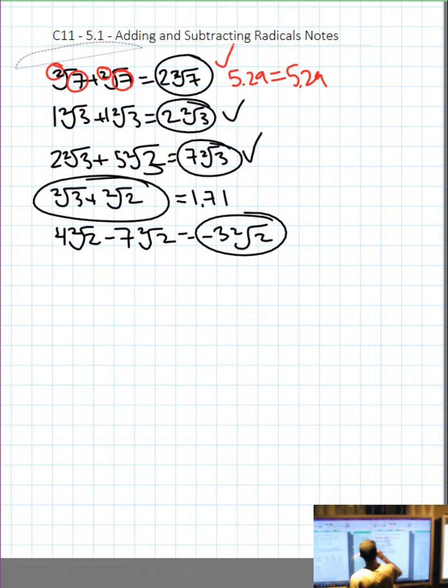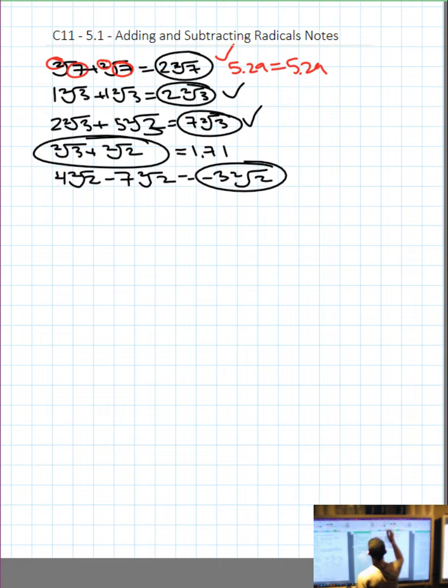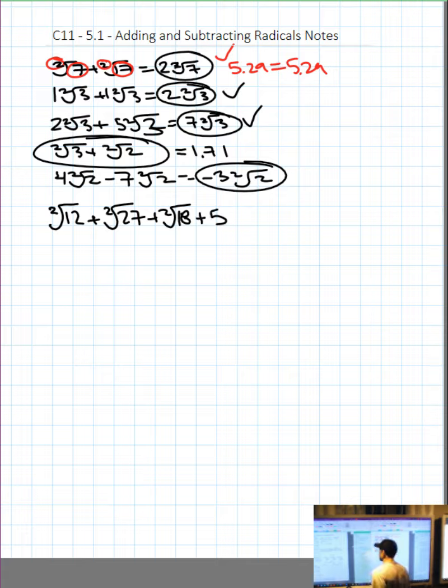Okay, so now that we've seen the basics of adding and subtracting, let's take a look at the square root of 12 plus the square root of 27 plus the square root of 18 plus 5. So, off to the right, we have to simplify root 12.